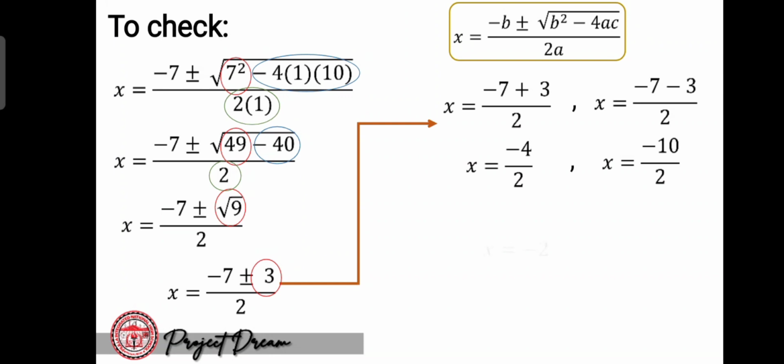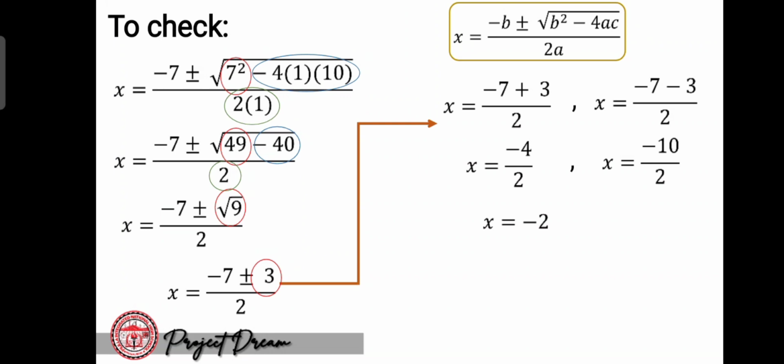To simplify, x is equal to negative 4 all over 2. It becomes x is equal to negative 2, because when you divide negative 4 by 2, it becomes negative 2.